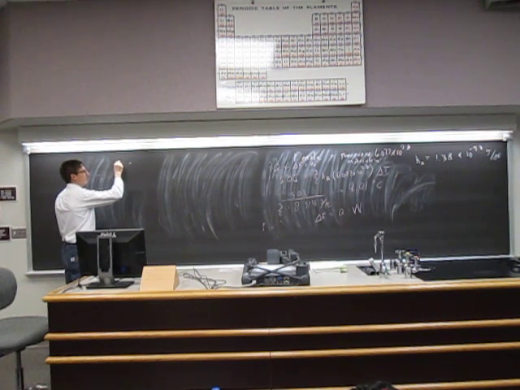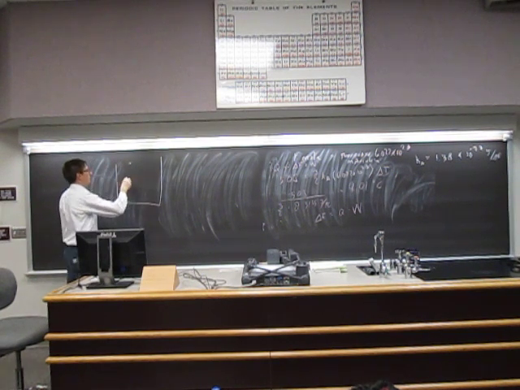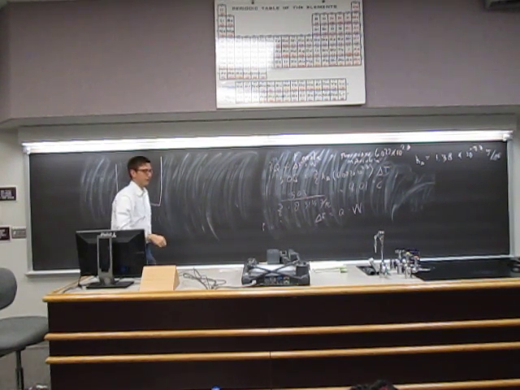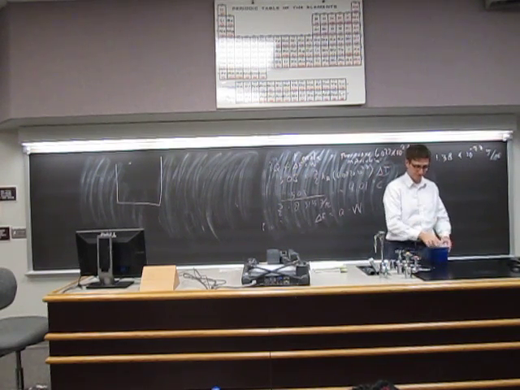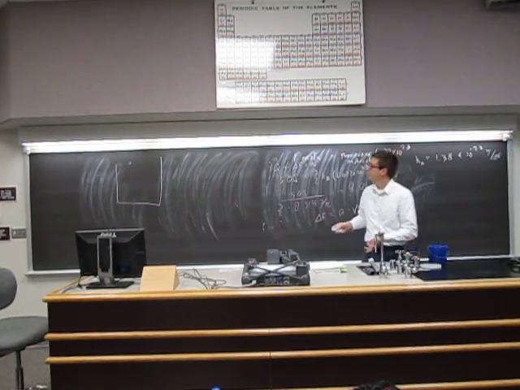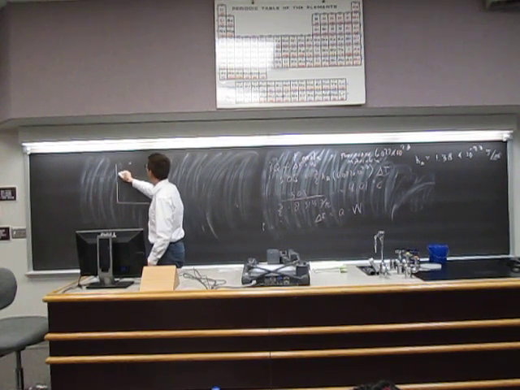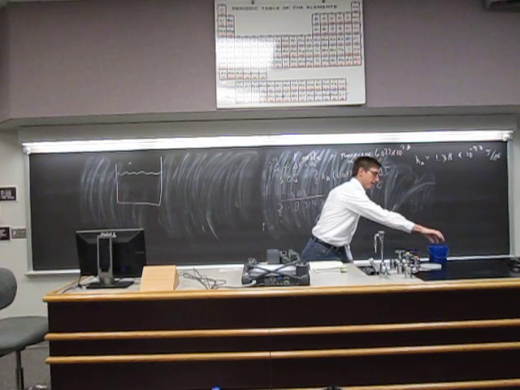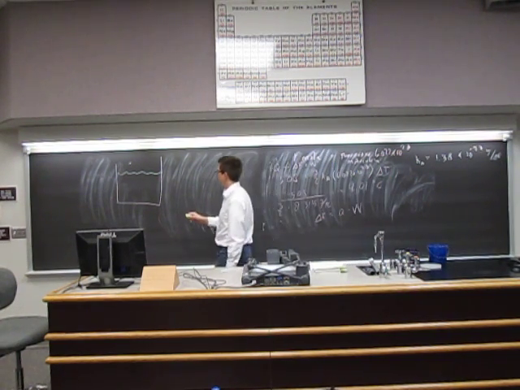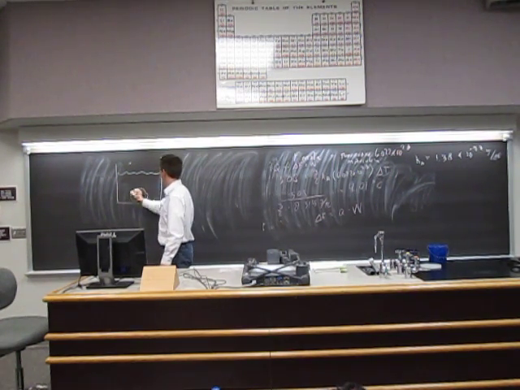So let's look at a situation that's pretty common. Let's say I have a beaker of, say, water. And let's say that I added some sort of material in here.